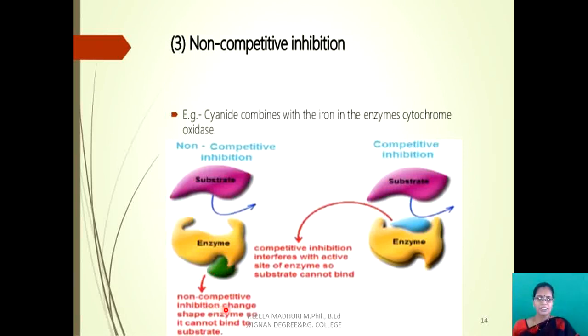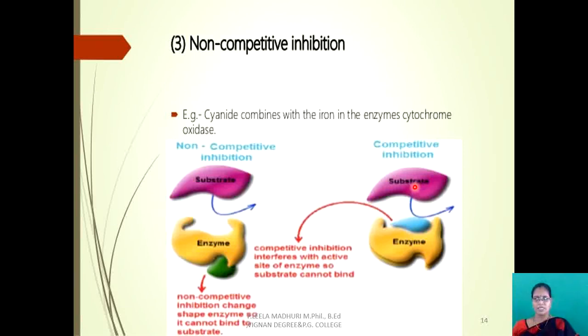Non-competitive inhibition changes the shape of the enzyme so that it cannot bind the substrate. So non-competitive inhibitors change the configuration of the active site so that the substrate cannot bind, and as a result the inhibitor binds to the enzyme and forms an EI complex so that product cannot be produced.